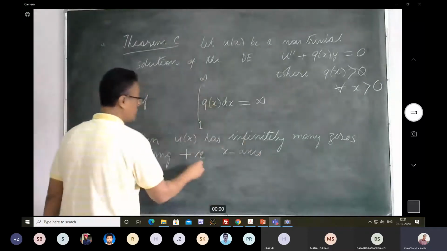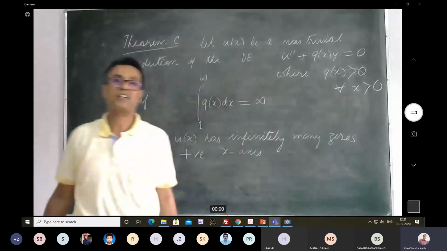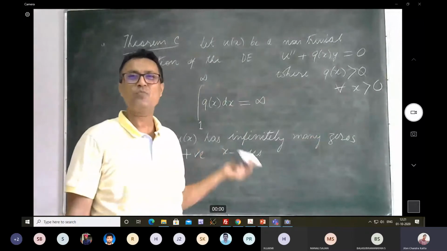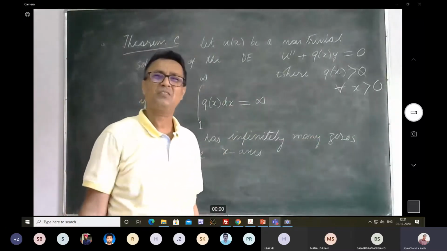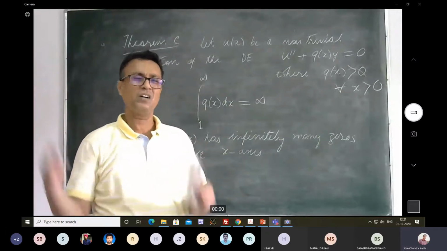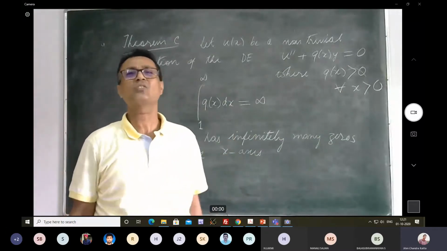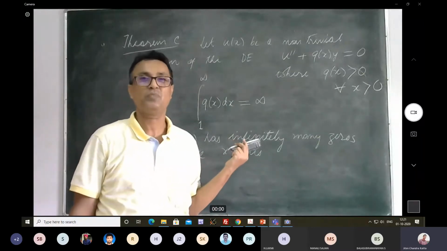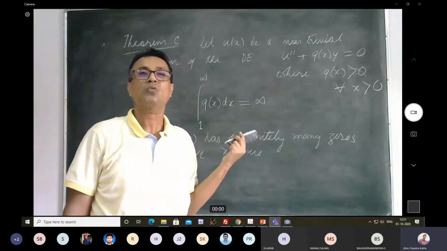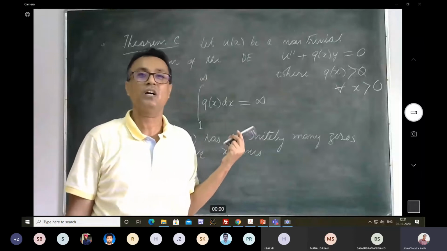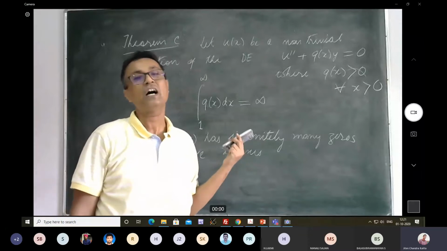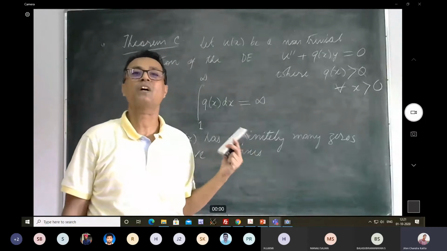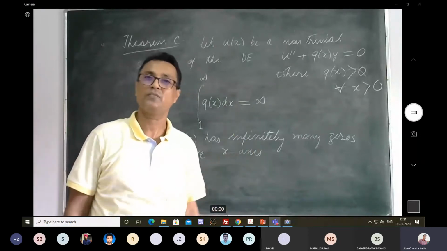Remember, we are only considering the positive x-axis part; it makes our life simpler. You may be thinking, why not the negative x-axis? Whatever we are going to prove, we can shift that part towards the left and it is going to include the negative x-axis as well. It is not going to make much of a difference because you can always do a coordinate transformation. Instead of xy, I may consider a new coordinate system, say capital XY, using some kind of shift.